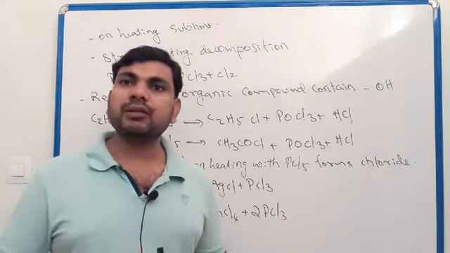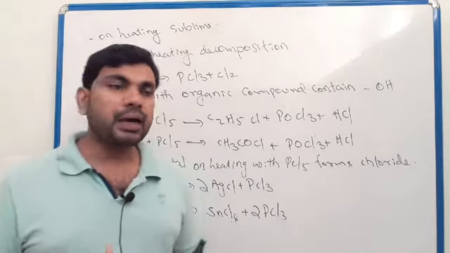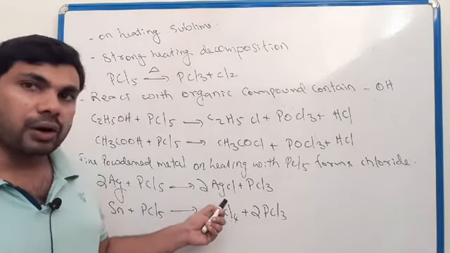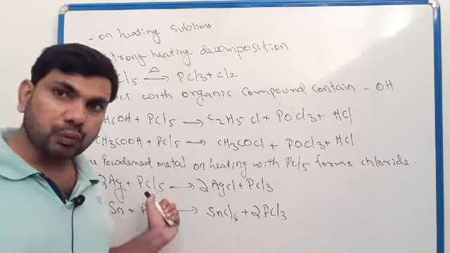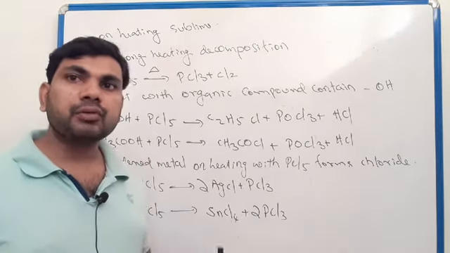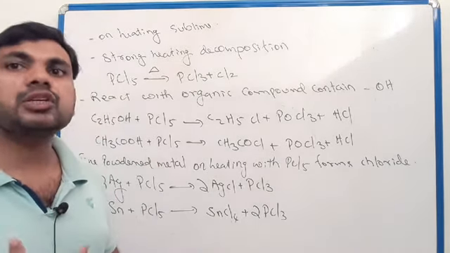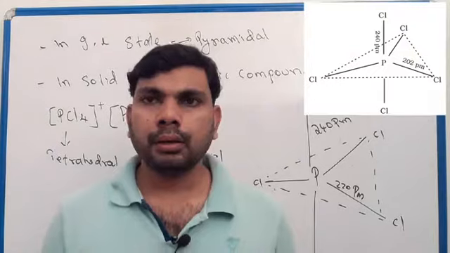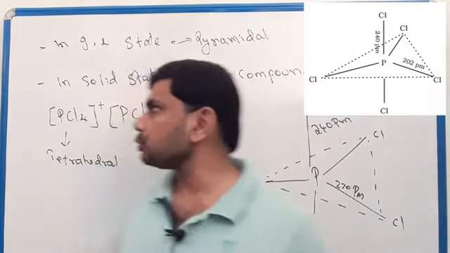PCl5 reacts with fine powdered metal to form the corresponding chloride: with silver it forms silver chloride, with tin it forms tin chloride. Clear? Okay, next part we have to discuss.